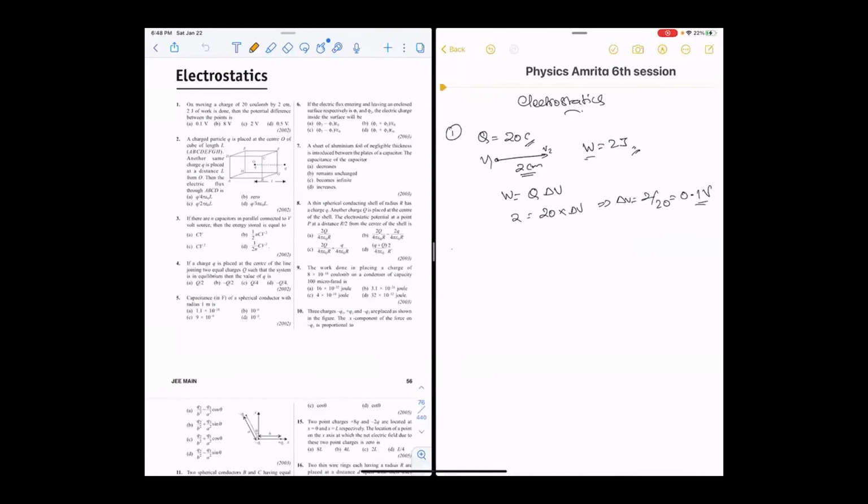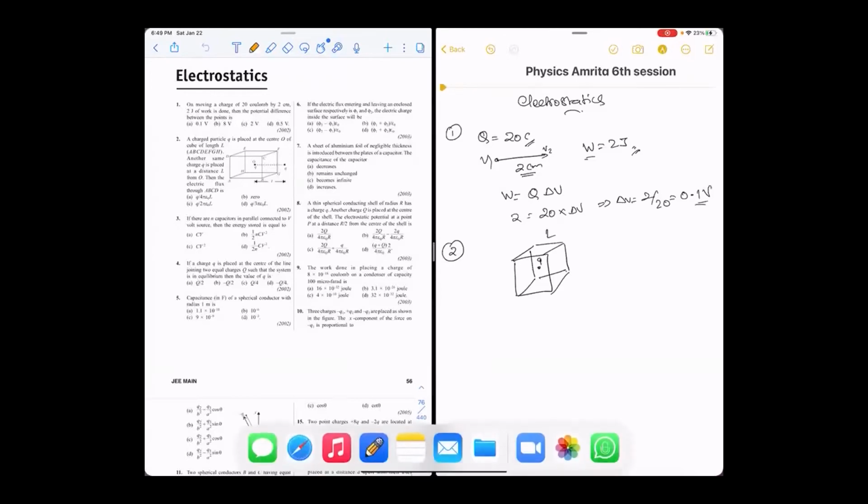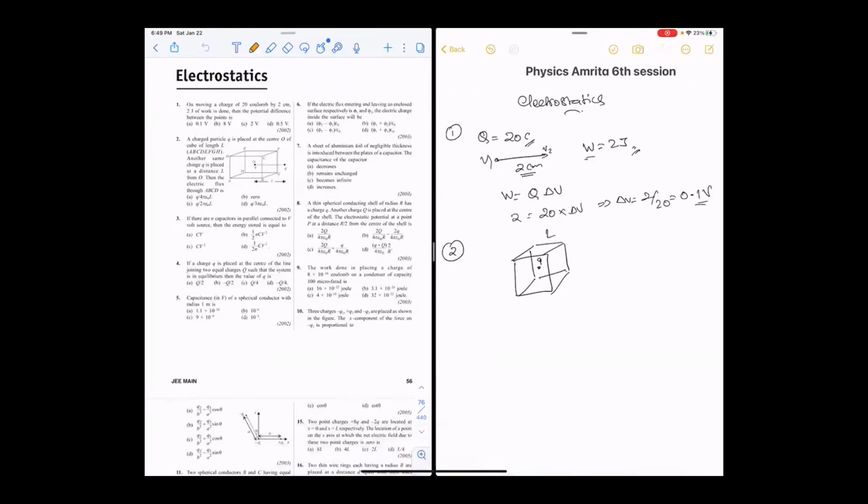Next question, question number 2. A charged particle Q is placed at the center O of a cube of side length L. So there is a cube, this is how we try to draw the cube, guys, with the charge Q at the center.